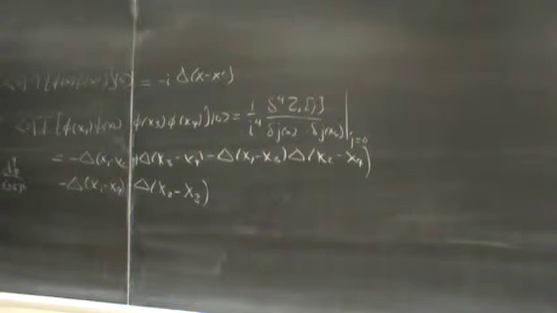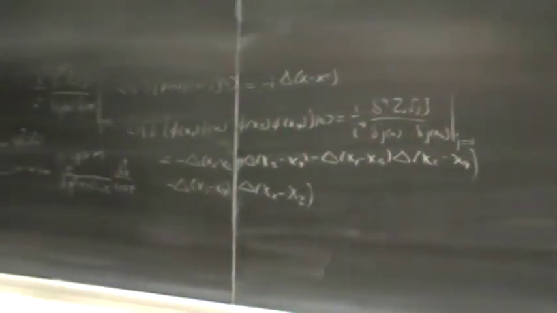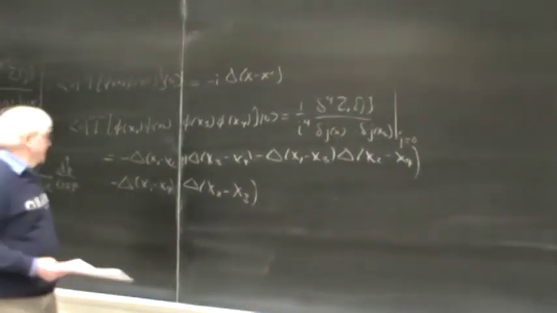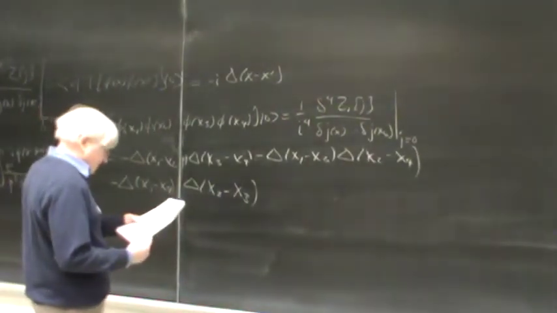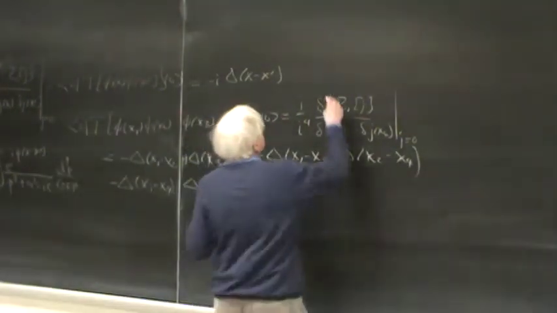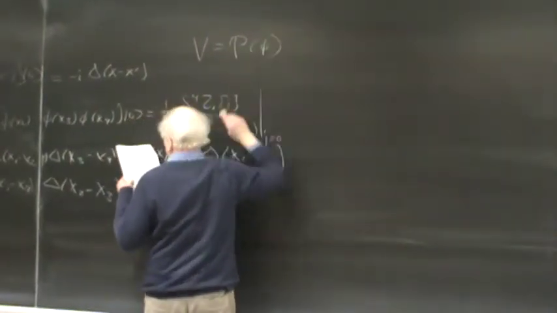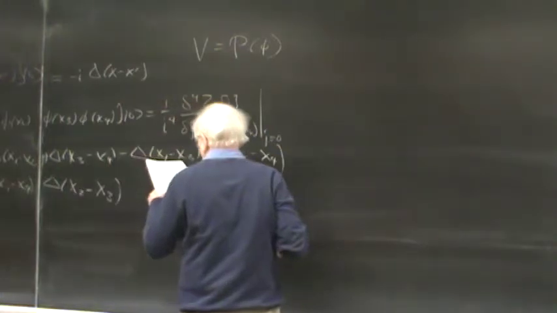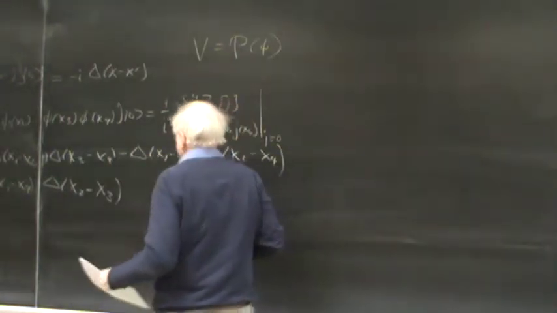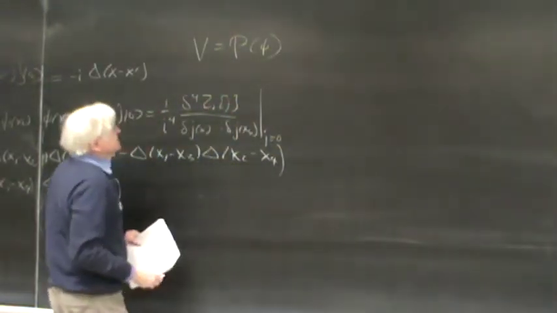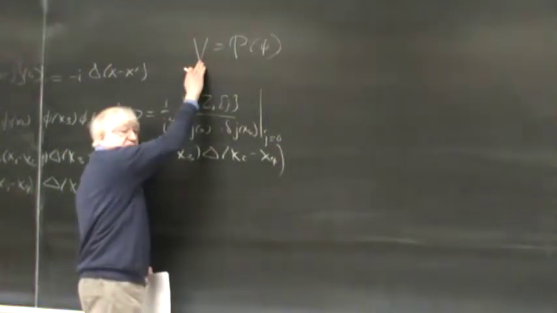So far we've been just talking about this free theory, but of course you can add a potential. You can say that this potential is some polynomial in the fields. This then would be the interaction Hamiltonian.